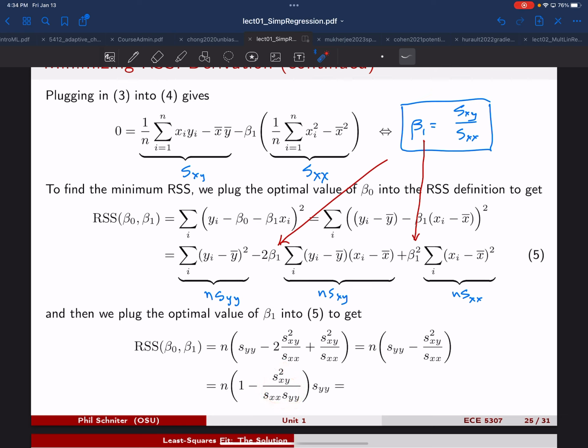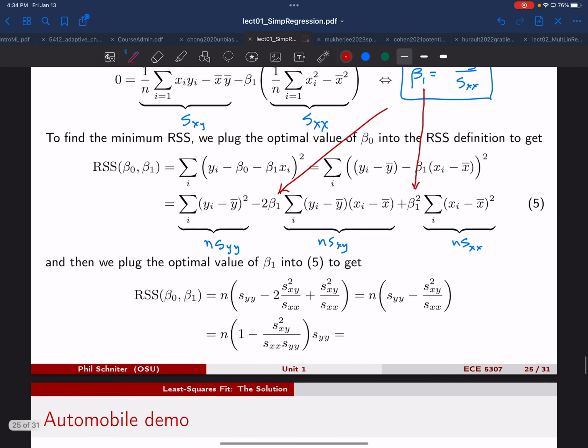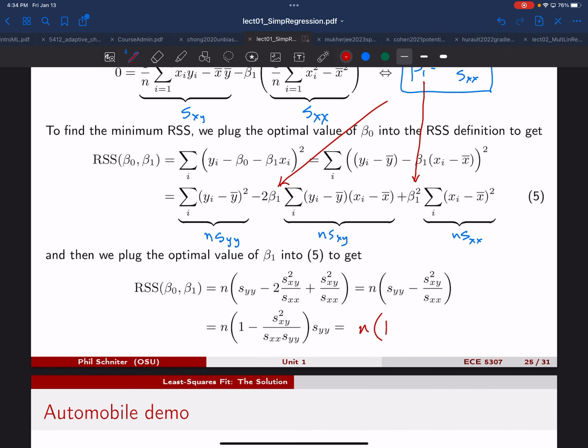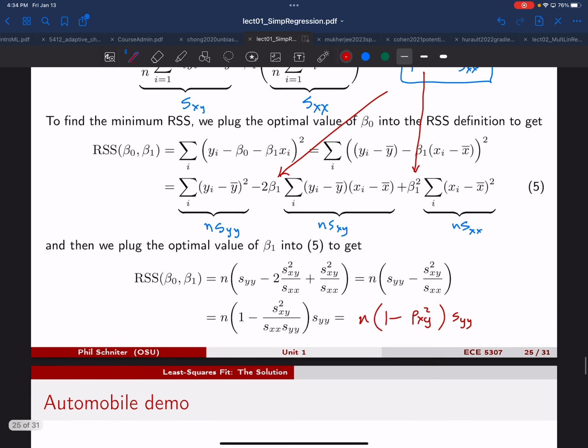Correlation coefficient squared. That's exactly it. So we have n times 1 minus rho xy squared times syy. Okay, so we finally have an expression for the actual RSS that we get.